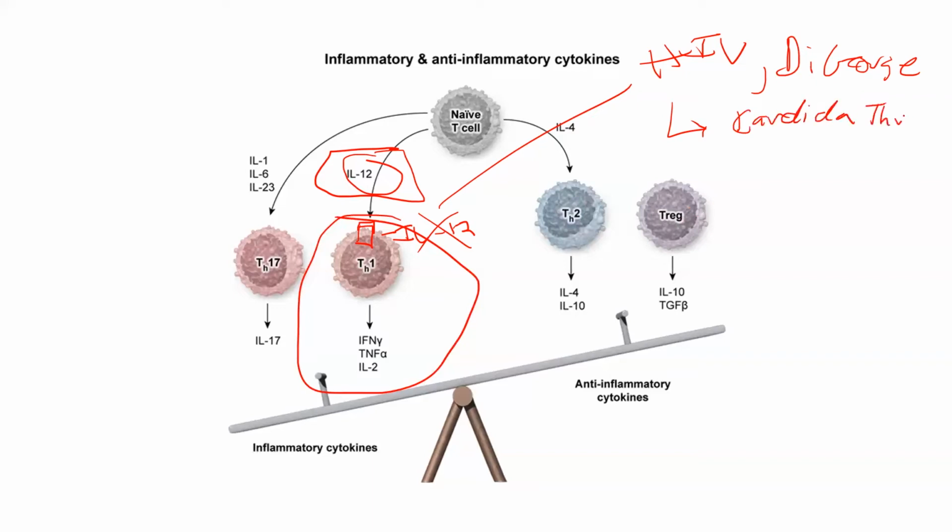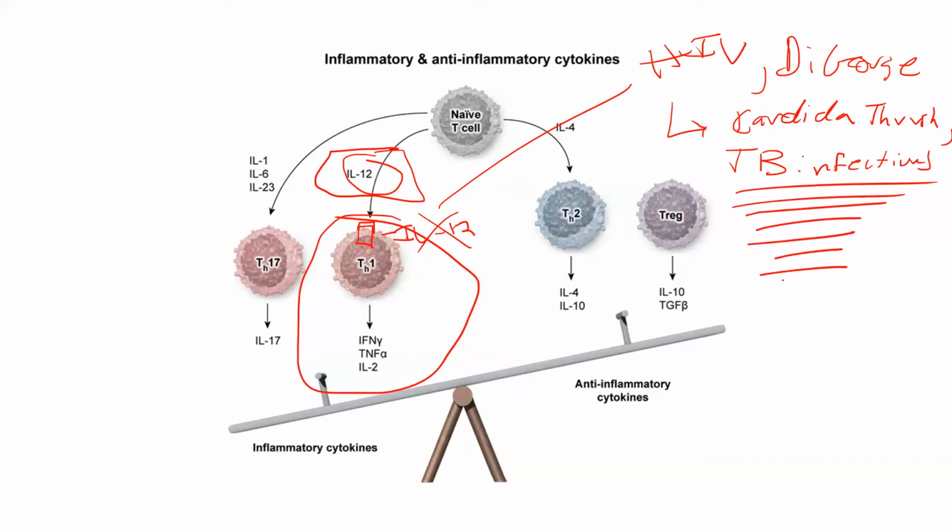So thrush, for example. It will cause someone to have TB infections, right? And this is the special one that I want to emphasize for IL-12 deficiency, IL-12 receptor deficiency. And yes, it is in First Aid. If you happen to have a First Aid, it is in your immunodeficiency T cell chart. And what's very important is that if you have this receptor deficient, you have a deficiency in your T cells.